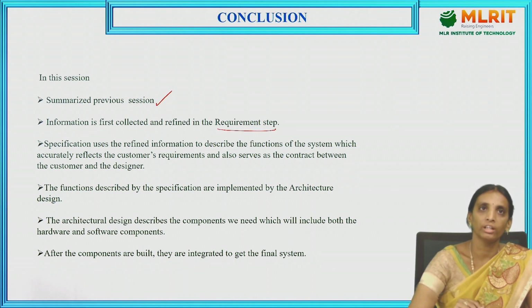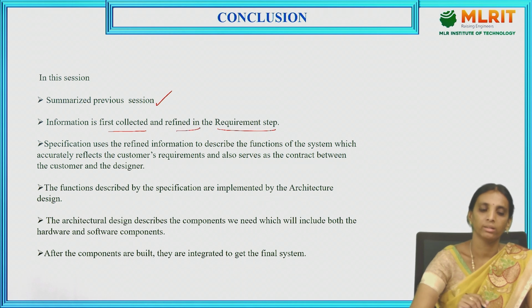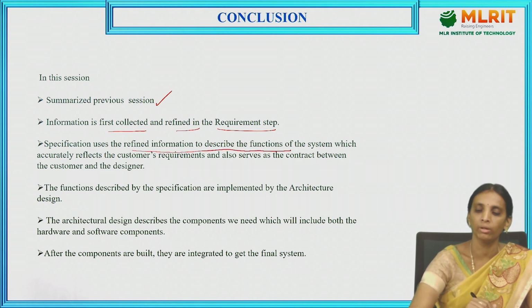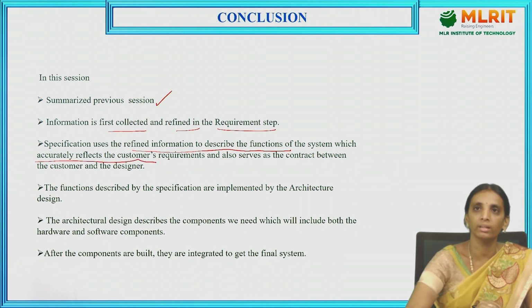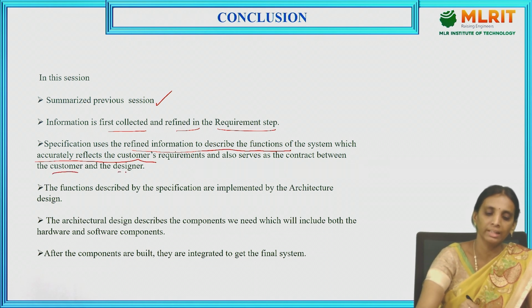In this, the information is collected from the customer and it is refined. In the second step, specification, this refined information is described, along with the functions of the system, which accurately reflect the customer's requirements, and it serves as the contract between the customer and the designer.